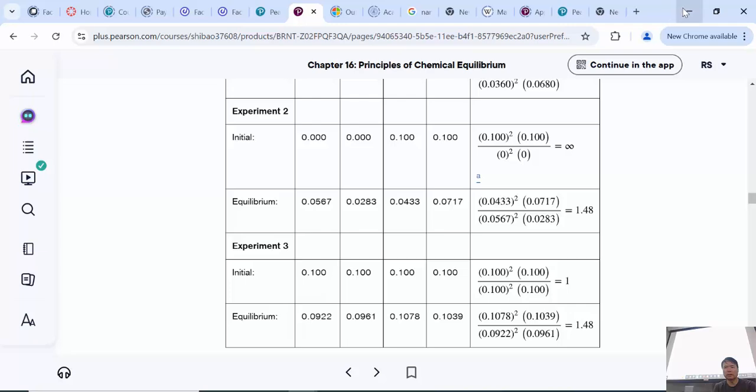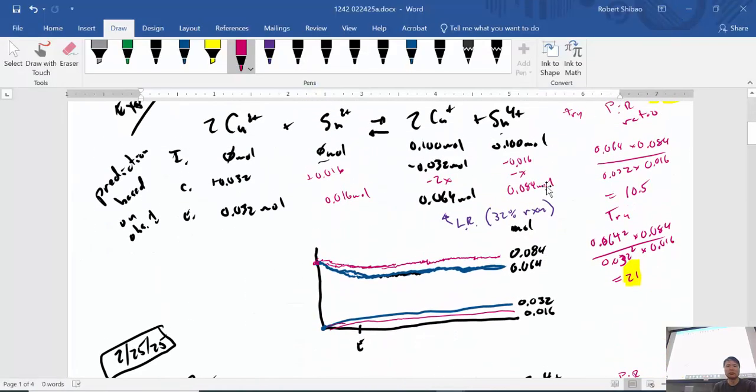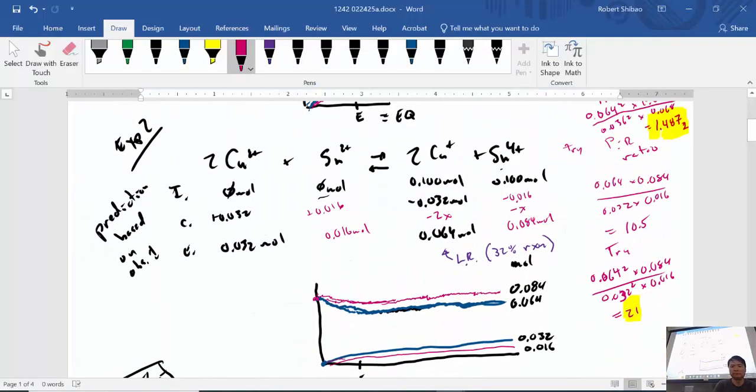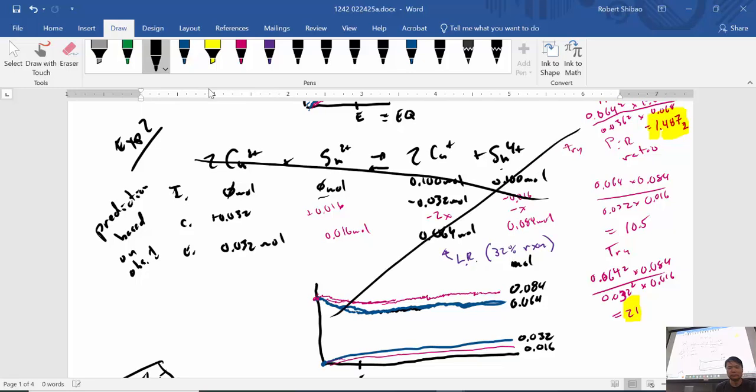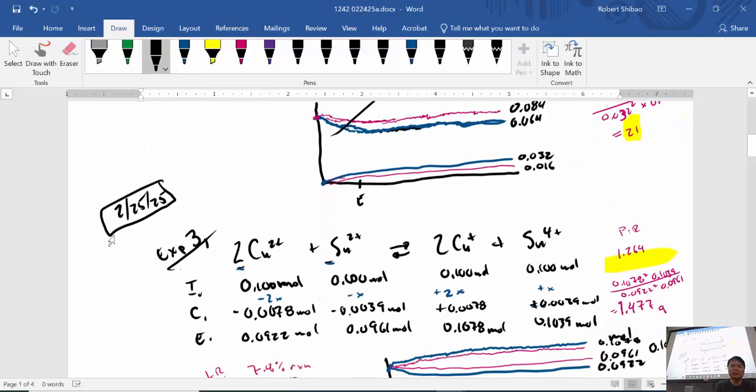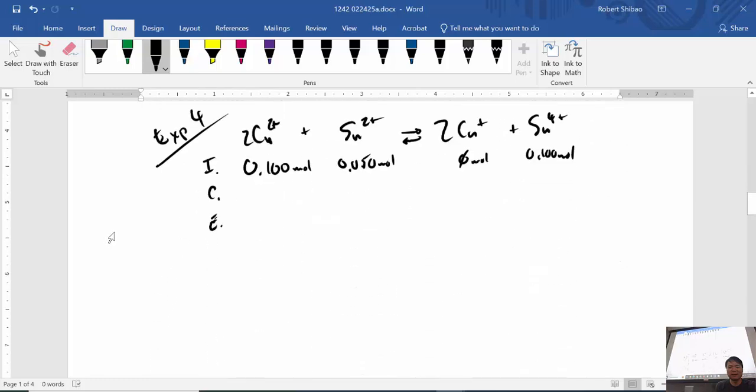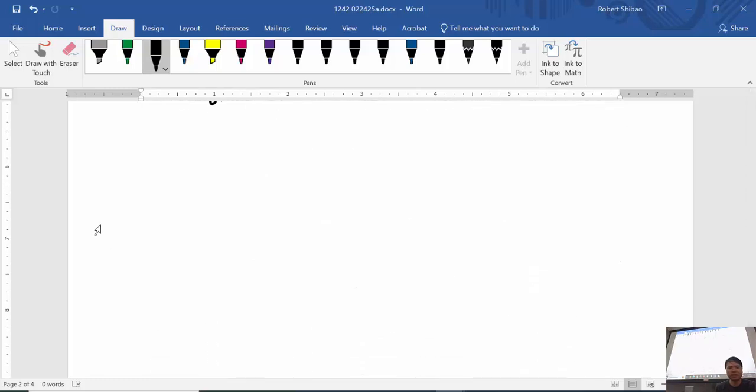I didn't write it correctly. If you make a mistake, just exit out. Like I made a mistake there. I'm going to go back down to experiment 2.